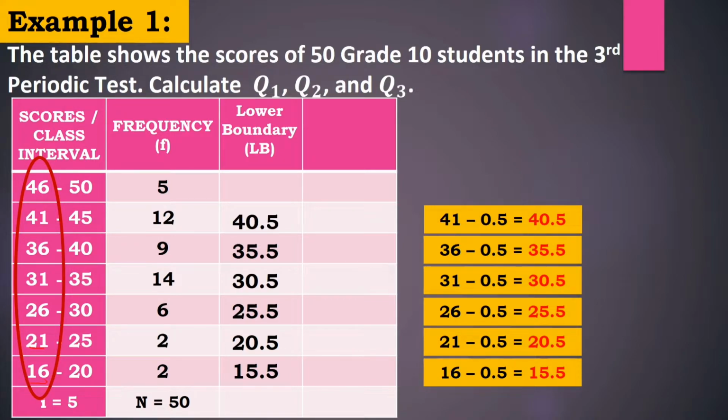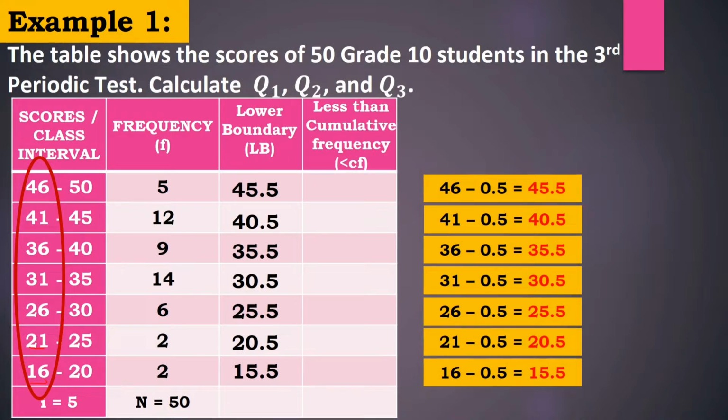And 46 minus 0.5 is 45.5. And for the less than cumulative frequency, we will copy the first frequency.